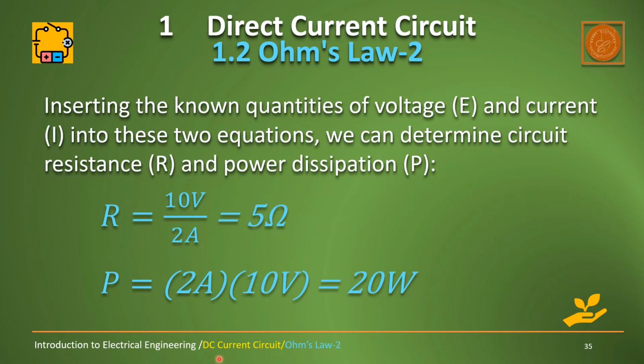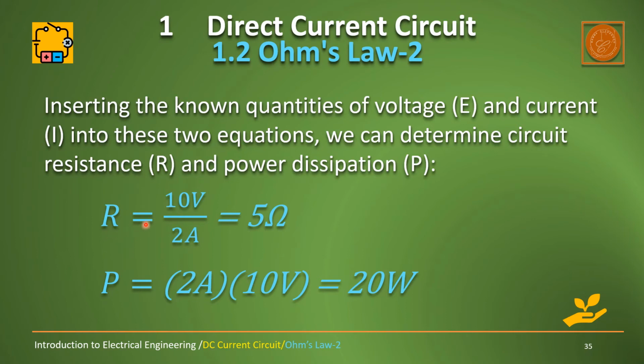Inserting the known quantities of voltage E and current I into these two equations, we can determine circuit resistance R and the power dissipation P.